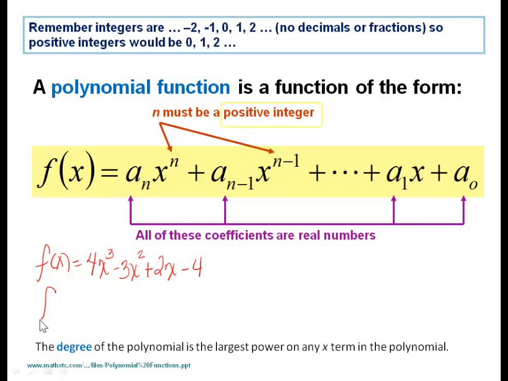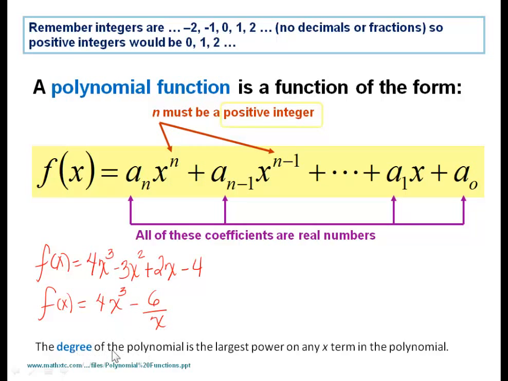On the contrary, if I write f of x is equal to 4x cubed minus 6 over x, this is not a polynomial function because this x has a negative exponent. We'll see why in the next slide.